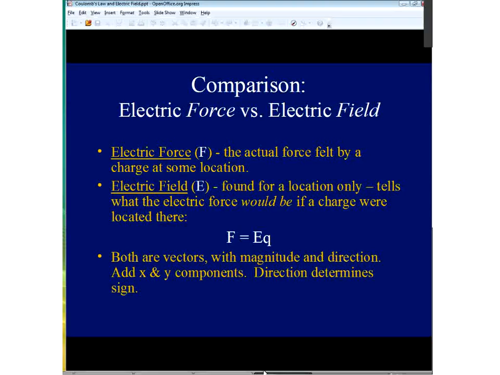Field does not need the presence of any charge to exist. A charge has to experience force. Field can still be there and charges are not there to experience the field. That's very much possible.